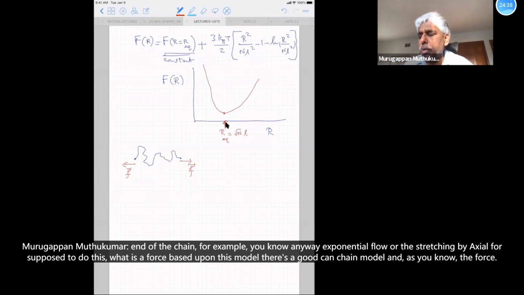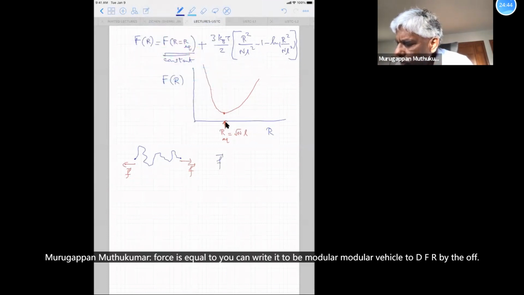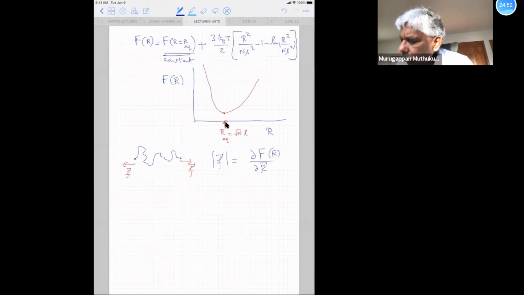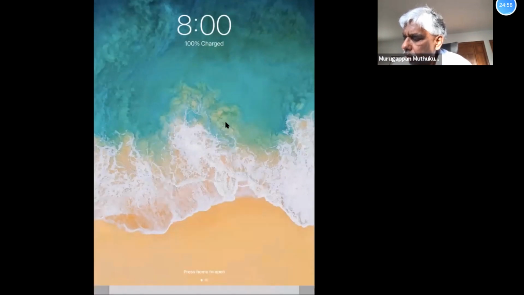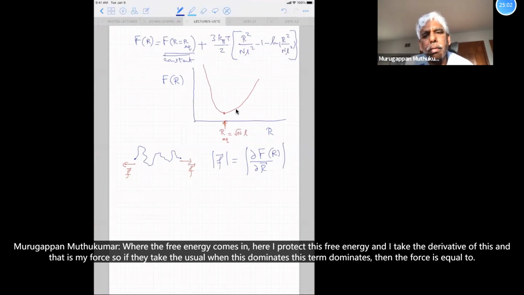This is a good Kuhn chain model. And as you know, the force, I'm going to put the modulus, is equal to dF by dR, where the free energy comes in here. I take the derivative of the free energy, and that is my force.